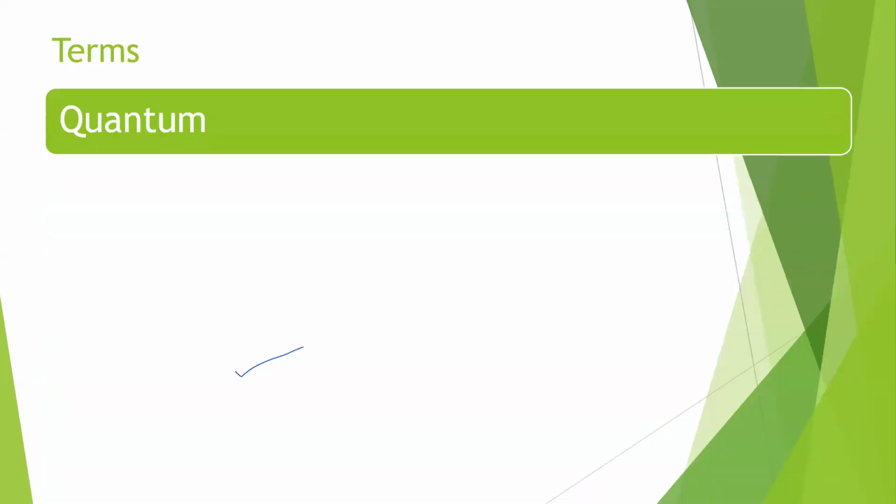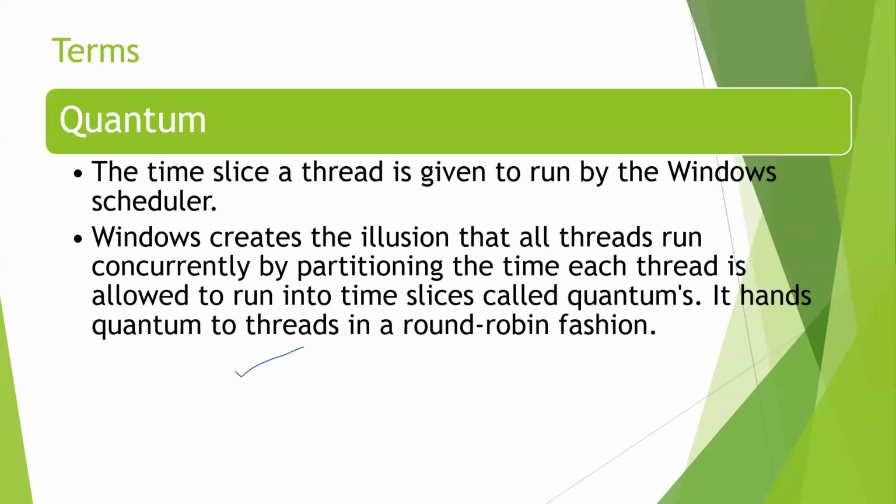So a few terminologies. Quantum, that we already talked about: the time slice a thread is given to run by the Windows scheduler, right?